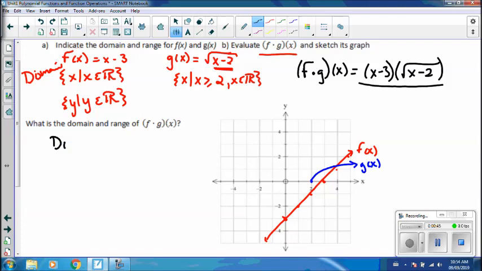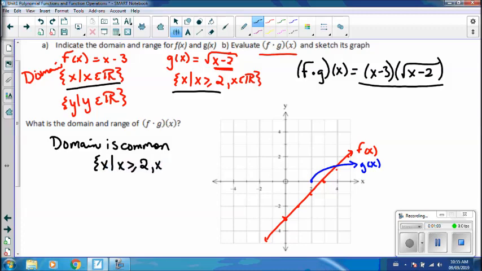So remember, the domain is common to the two. So that means the overlap, right? Where do they overlap? For f of x, x can be anything. For g of x, x has to be greater than or equal to 2. So the common domain would be where they overlap. x has to be greater than or equal to 2, because I can't take a value out here, there's no blue function over here.